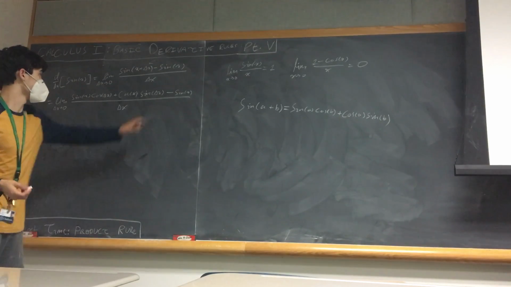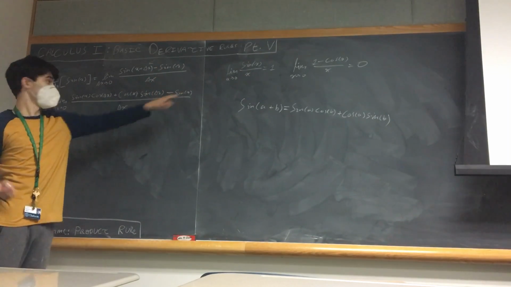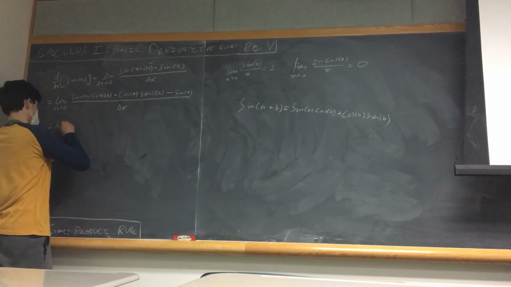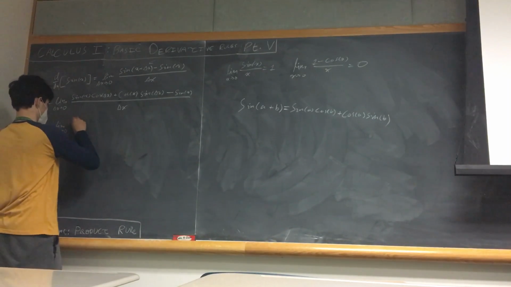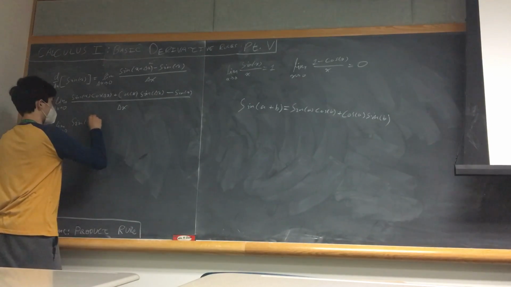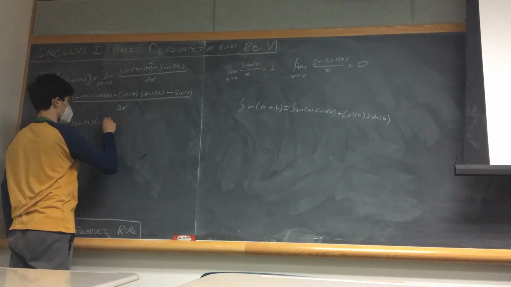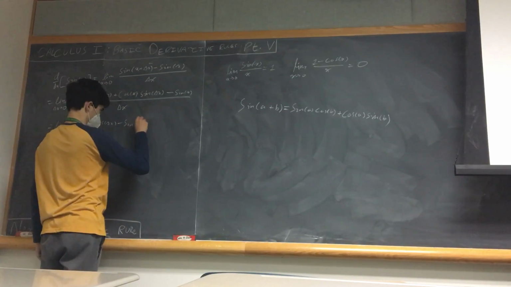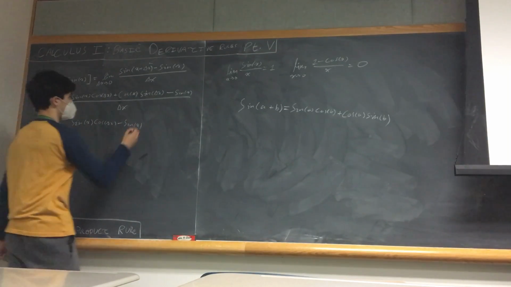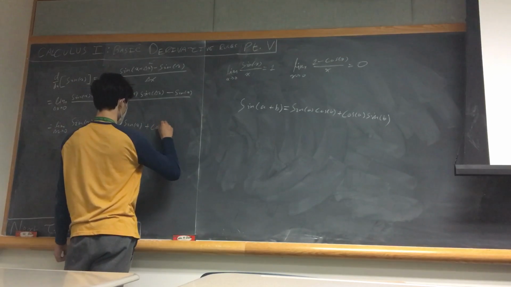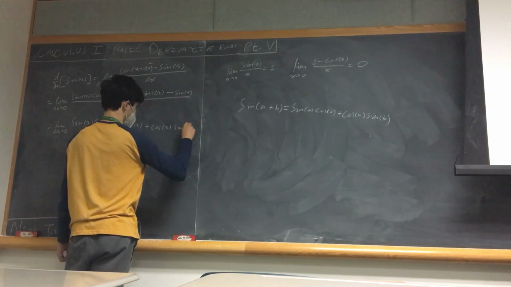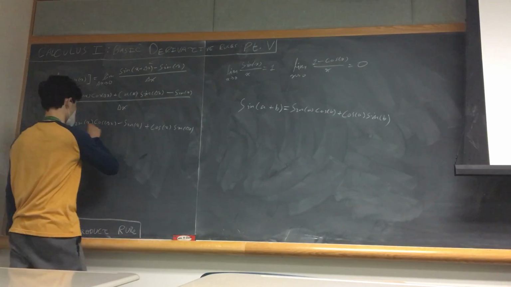So what I'm going to do is take this sine of x and group it with this sine of x. So we get that this is equal to the limit as delta x approaches 0 of sine of x cosine of delta x minus sine of x plus cosine of x sine of delta x, over delta x.